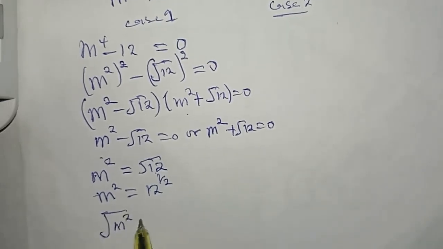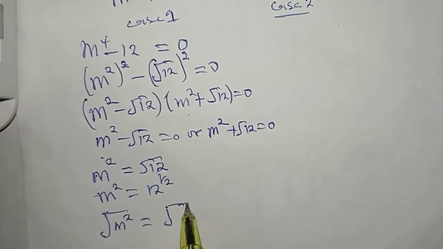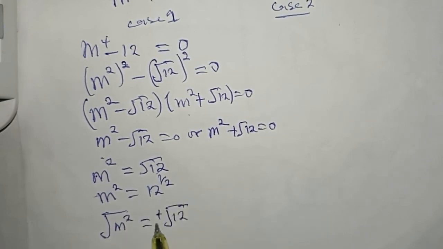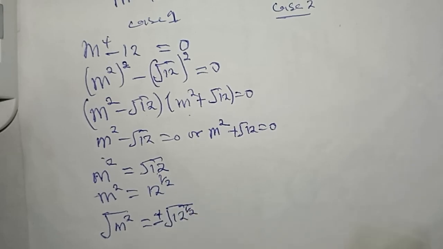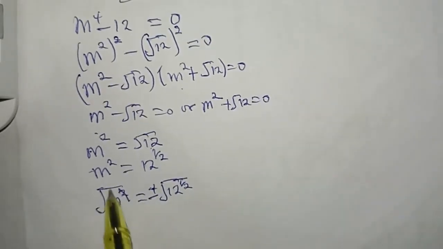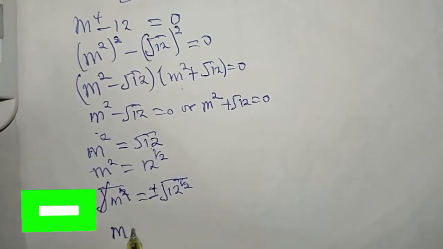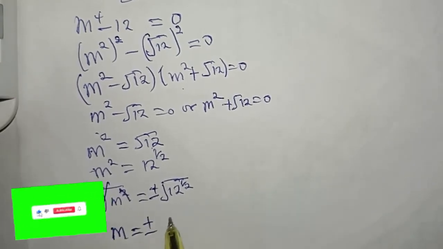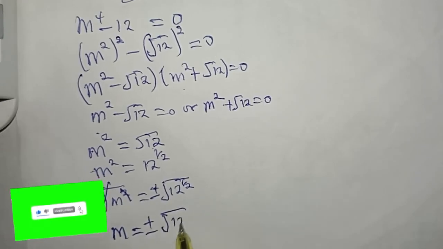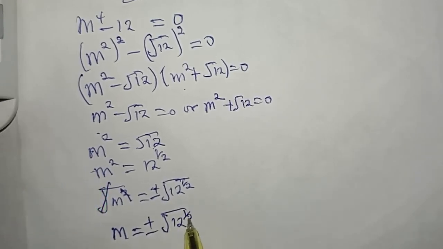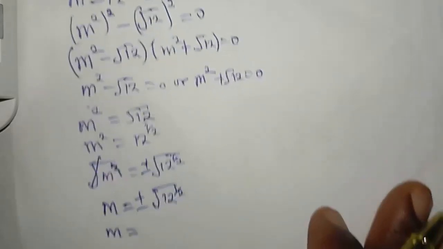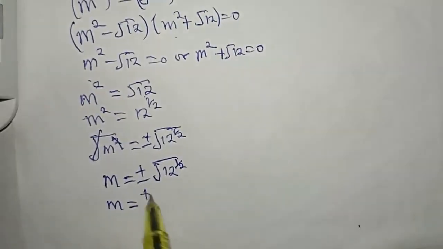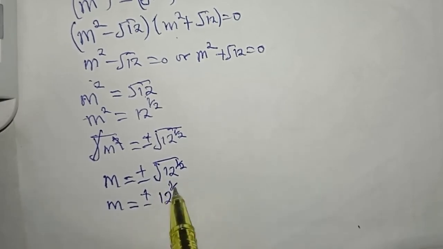Square root of m power 2 is equal to plus or minus the square root of 12 power 1 over 2. And obviously, this will cancel this, and m now becomes plus or minus the square root of 12 power 1 over 2.